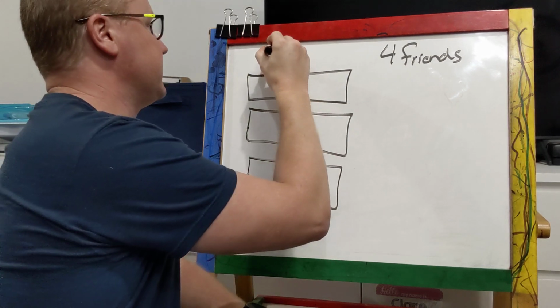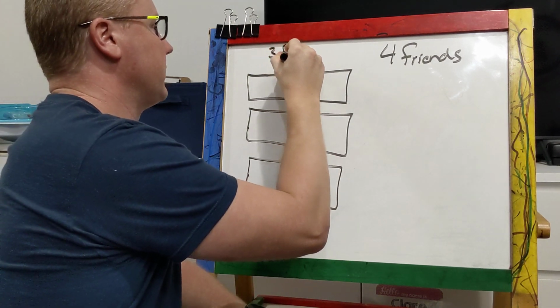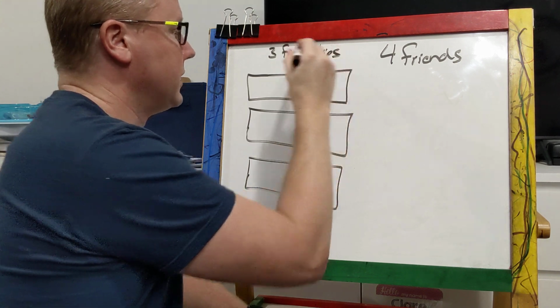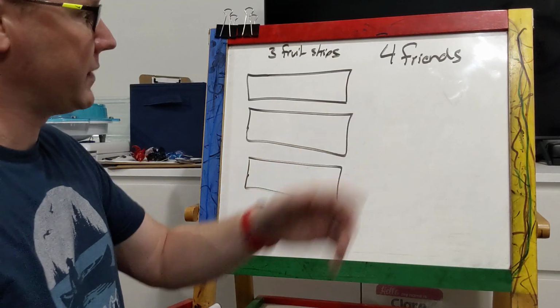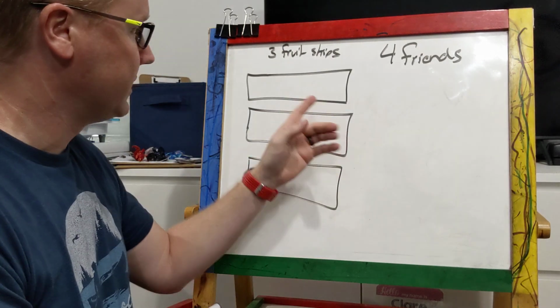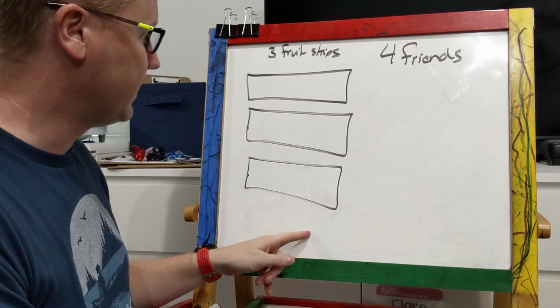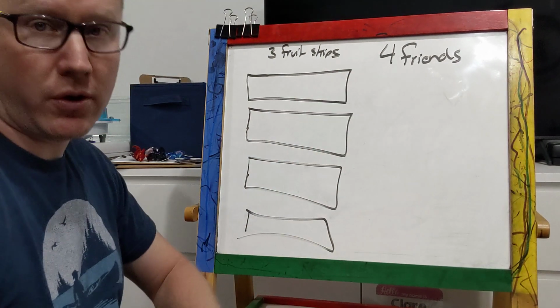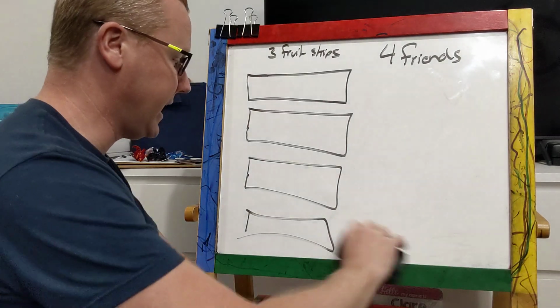This is our 3 fruit strips. We need to figure out a way to share them equally. We really can't give a whole piece to each one because we don't have enough fruit. If we had one more fruit strip, they would each get 1 whole fruit strip, but we can't do that.